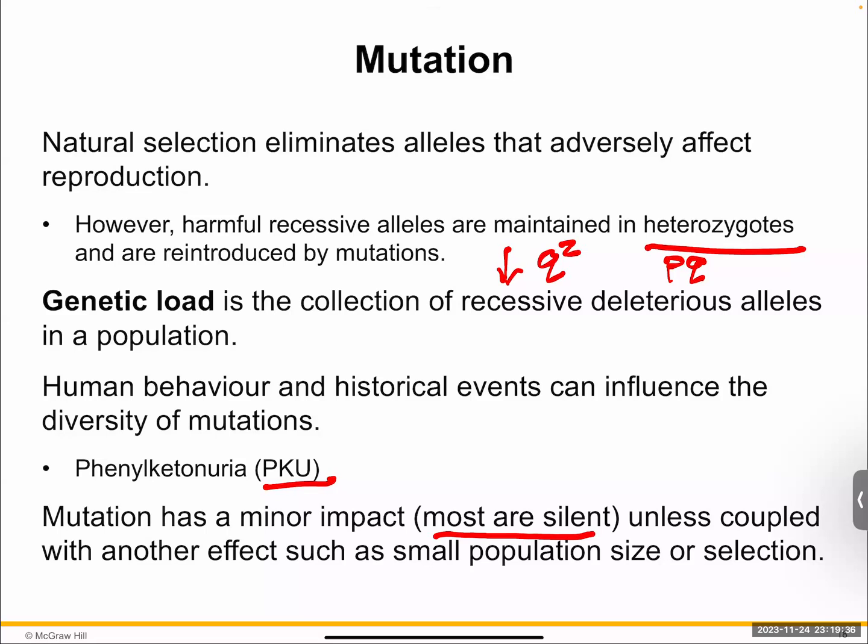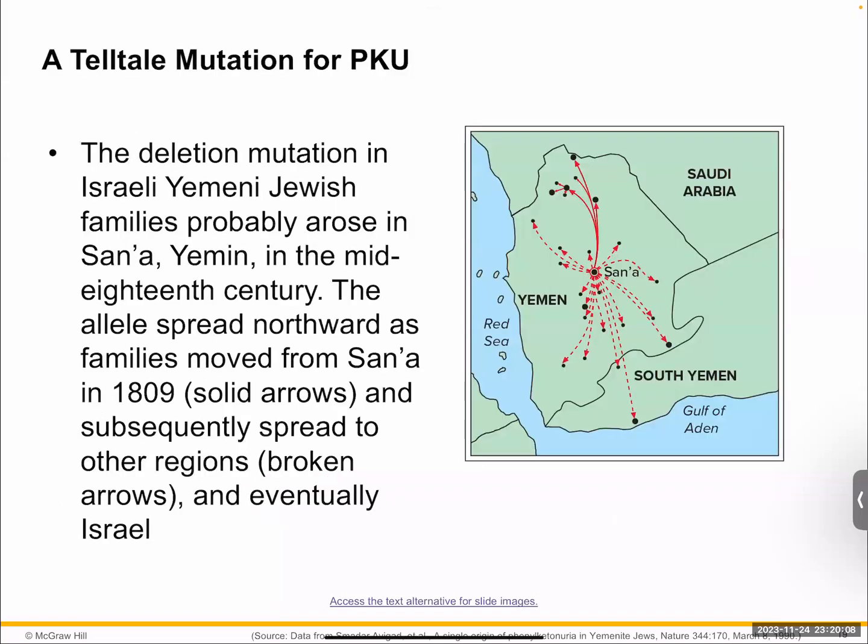However, when it is coupled with other environmental factors, such as very small population samples, because you have been separated from the original population, or a specific type of breeding, like the non-random breeding that I mentioned, these mutations may have a significant effect on the allele frequency and the population overall.